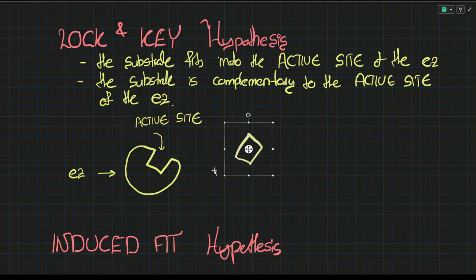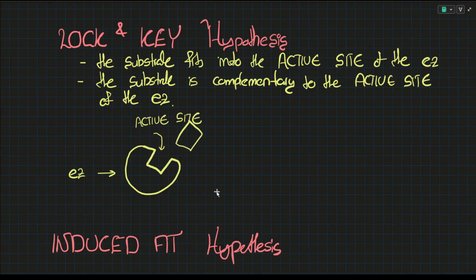It's perfectly complementary to the active site, meaning this is a box, that's a box, a box can fit like that. That's the idea. The substrate is complementary to the active site of the enzyme, just like so. That is the lock and key hypothesis.